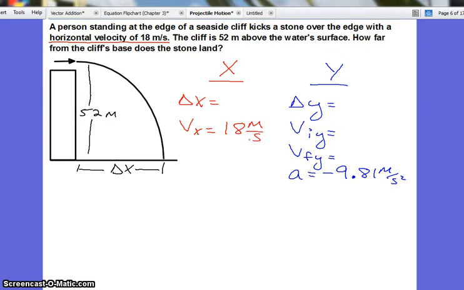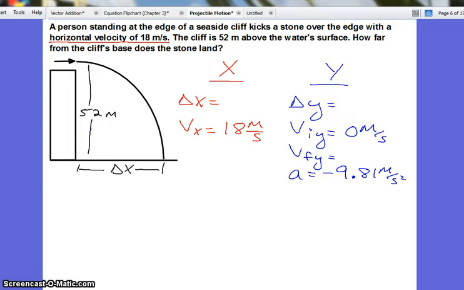Horizontal means in the x direction. But not only that, if we look at the diagram, we see that it is moving only to the right in the beginning. It is not moving up or down in the beginning. So the initial y velocity in this situation is 0. If it says horizontal, we know the x velocity is the one given, and the initial y velocity is 0.